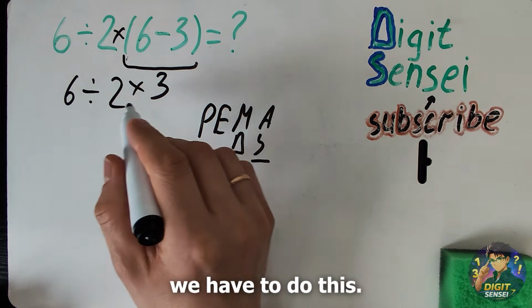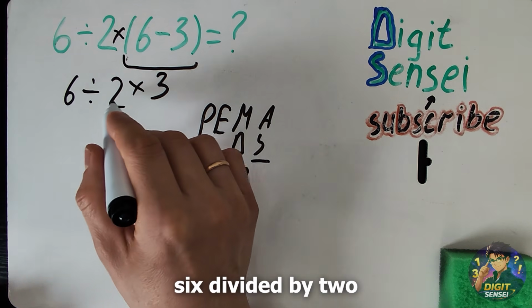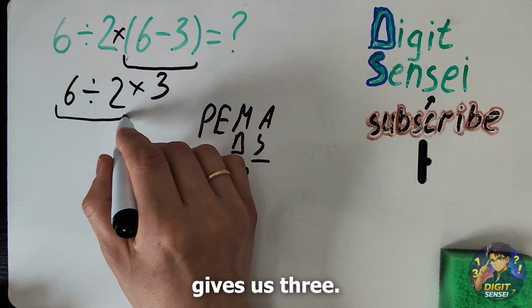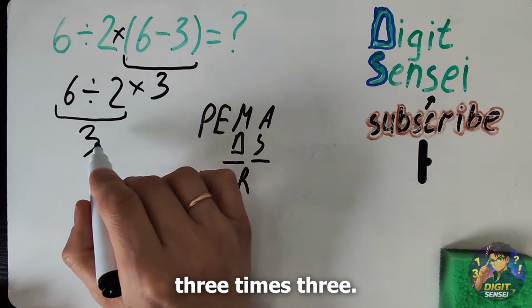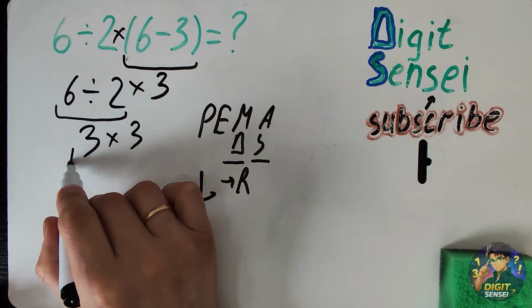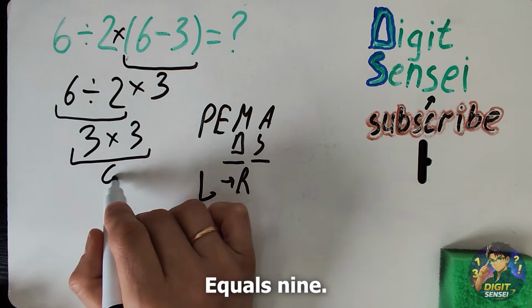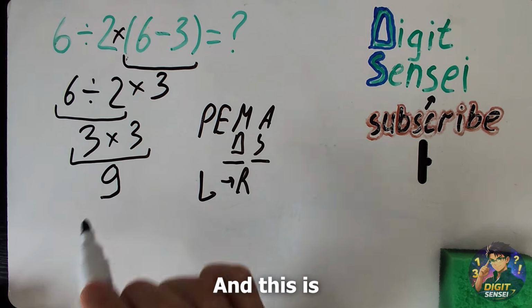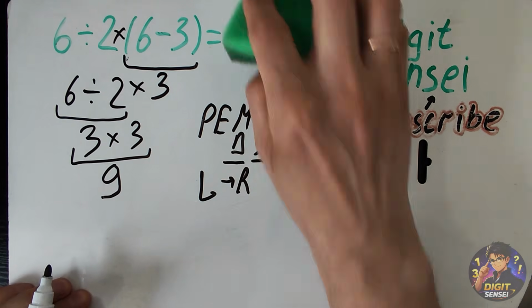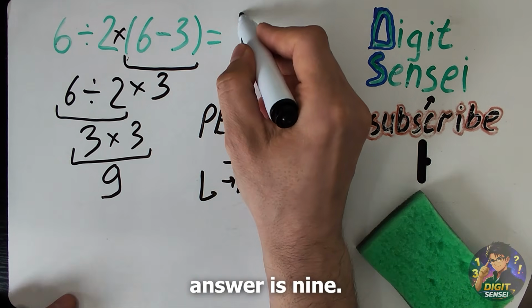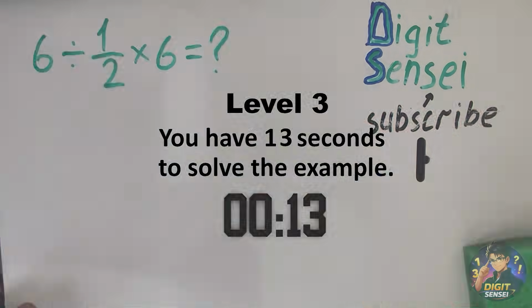So here, first we have to do this division. 6 divided by 2 gives us 3. So we have 3 times 3, which equals 9. And this is our final answer to this problem. The correct answer is 9.